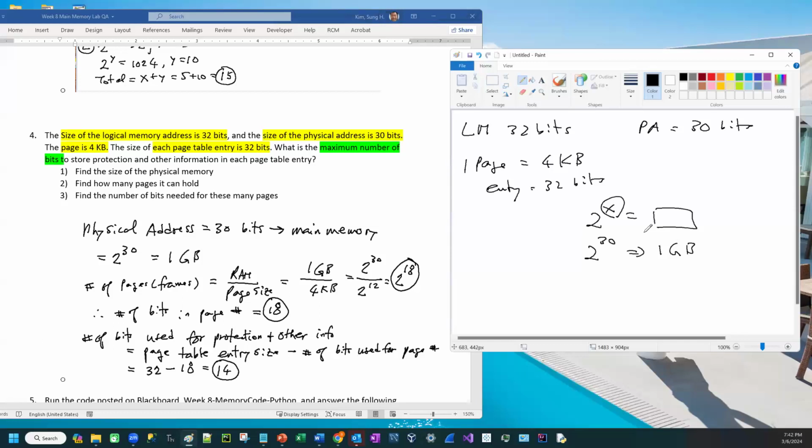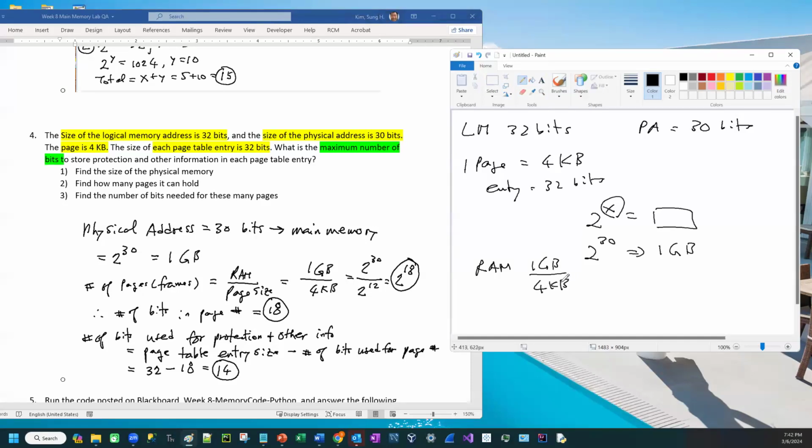Right? Now, in terms of the number of pages, how many pages can it hold? Well, we just figured out that the RAM that it has is 1 gigabyte. But each frame or each portion is 4 kilobytes, right?